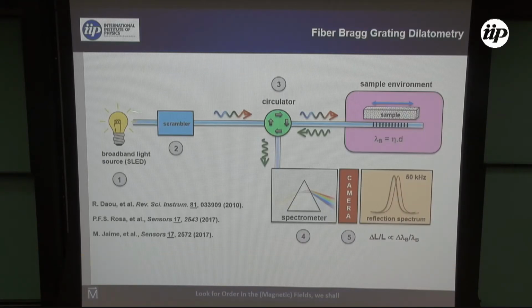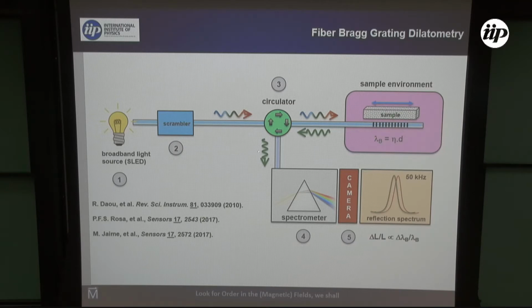I use a light source that is sent through a scrambler into a fiber. This fiber has gratings in the core. The sample is attached to the fiber. So when you apply a magnetic field and the sample expands, the fiber is stretched, and the pitch in the grating is stretched too. So you can see that I send white light, represented by this multicolor photon here.